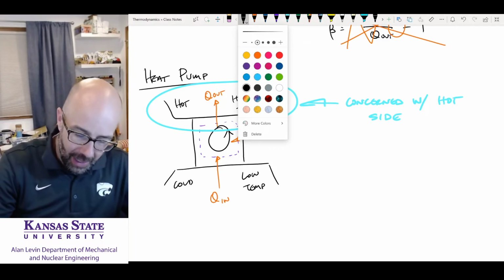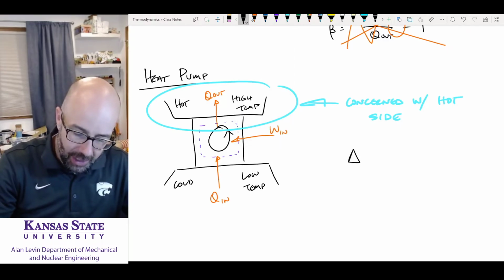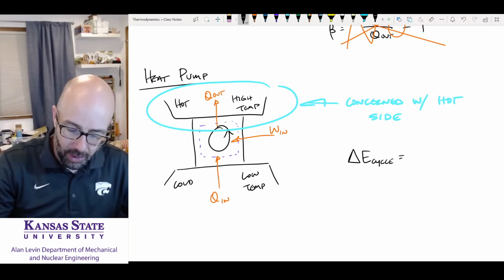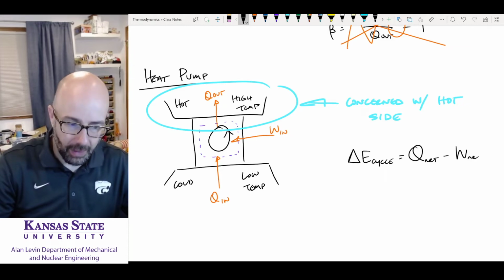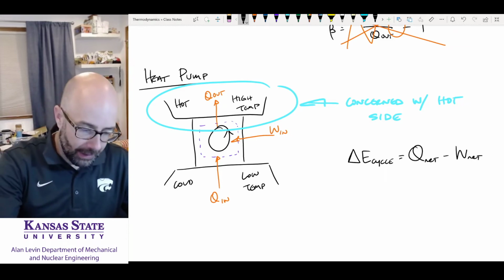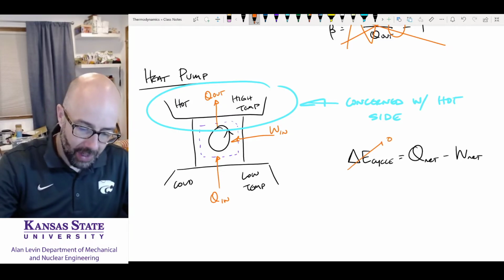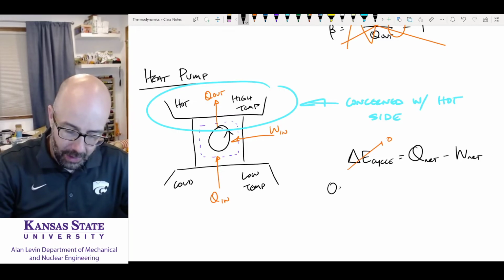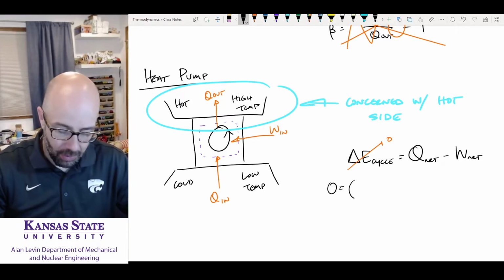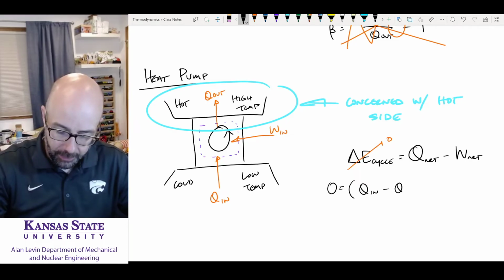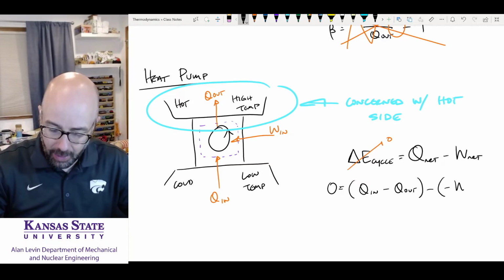And we're going to say here, again, that the change in energy for the cycle is going to be equal to the net heat transfer minus the net work. And we know, again, that for the cycle, it's going to go to 0. And we're going to have the following. 0 is equal to, well, for this, the net work is going to be equal to Q in minus Q out, and we're going to have a minus net work.